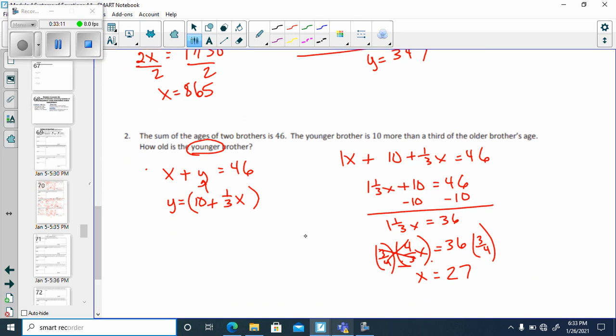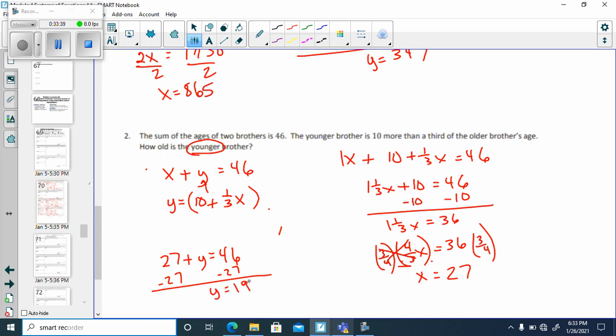They want the younger brother. X is the older brother. 27 plus Y equals 46. We're substituting back in here to get the younger brother, the Y. Let's subtract 27 from both sides. 46 minus 27. And you have 19. The younger brother is 19 years old.